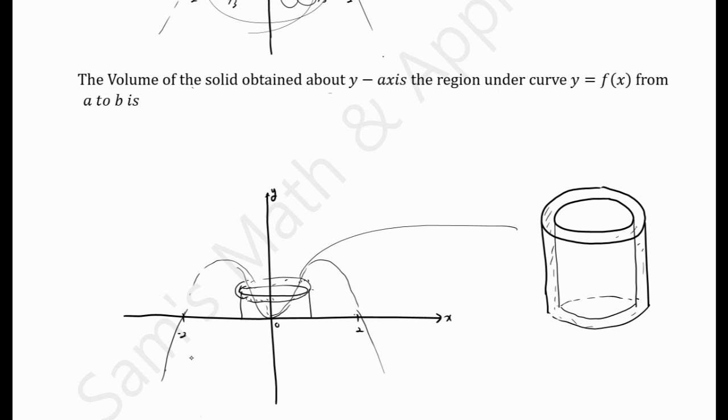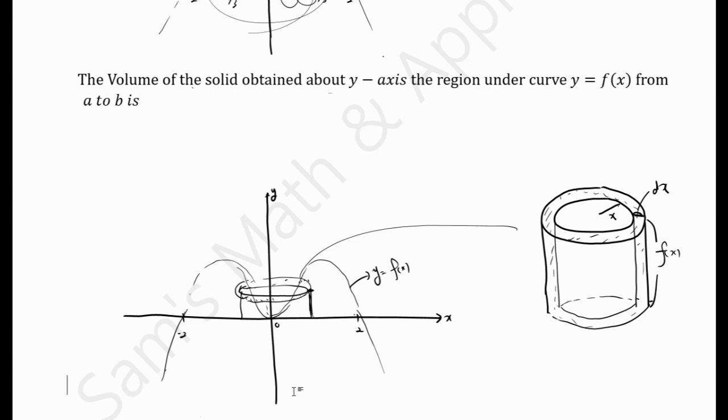This is called the cylindrical shell. So we cut this with a knife. This is the x-axis. This is dx, and this radius is x, and this height is f(x), where y equals f(x).